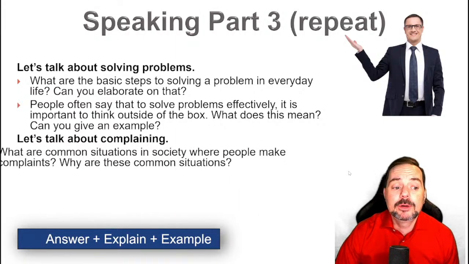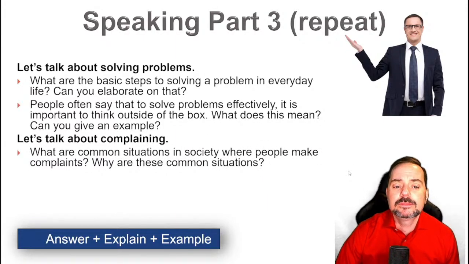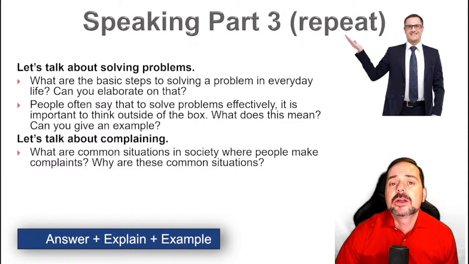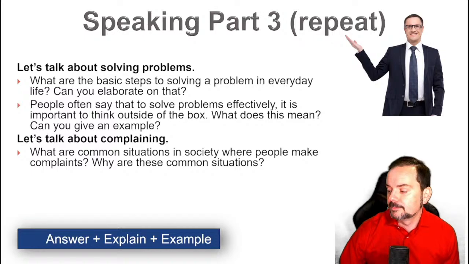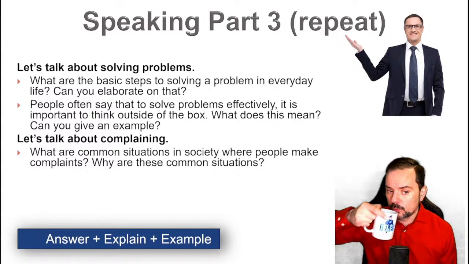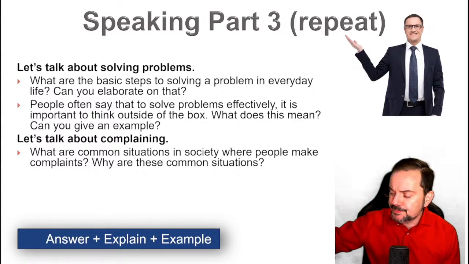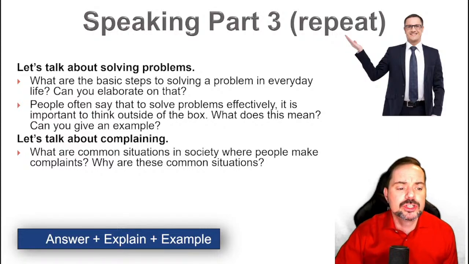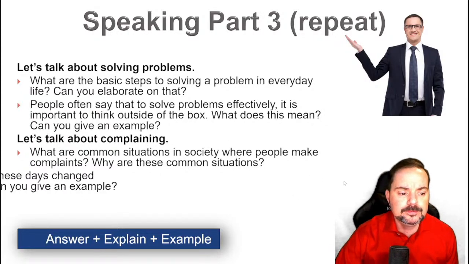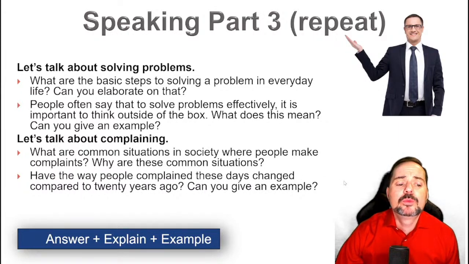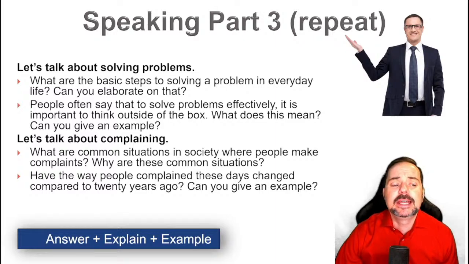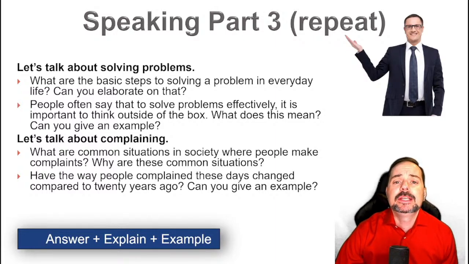And then let's talk about complaining. What are some situations in society where people make complaints? Why are these common situations? Have the way people complained these days changed compared to 20 years ago?